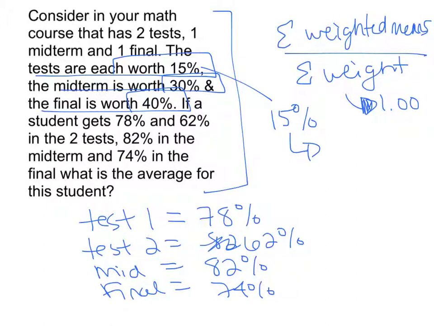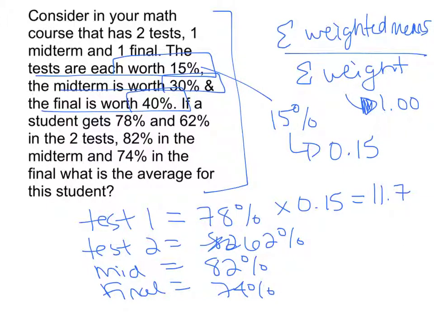On a test, we wouldn't need to see 15 divided by 100. Hopefully you know it is 0.15. And that's what we're going to multiply that 78% by in order to calculate what 78% is actually worth based on it being weighted 15%. So 78 multiplied by 0.15 gives us 11.7.